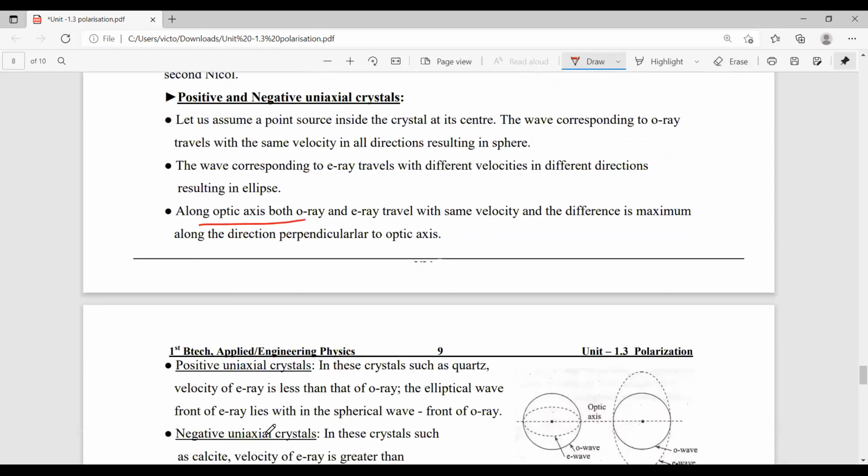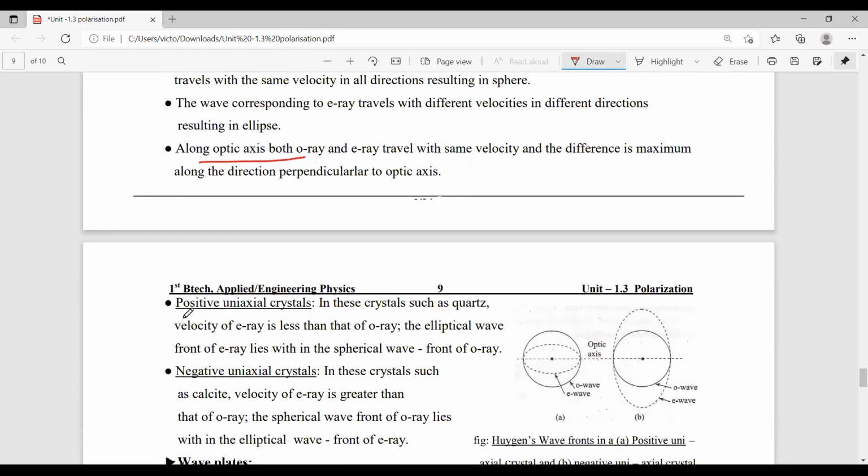So what is meant by a positive uniaxial crystal? Already we discussed what is meant by a uniaxial crystal and what is meant by a biaxial crystal. Crystals having only one optic axis are named uniaxial crystals.